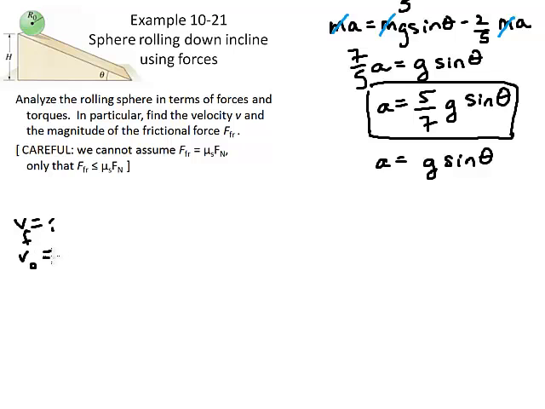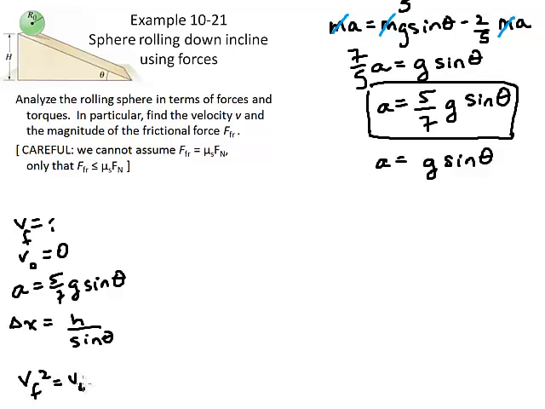We know that v initial is equal to 0, and that our acceleration is 5/7 g sine theta, and we have to find our delta x, which, if you do a little bit of trig, is equal to h over the sine of theta. So we're going to use the formula v final squared equals v initial squared plus 2a delta x.